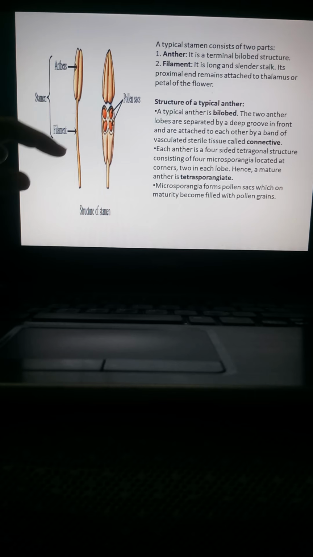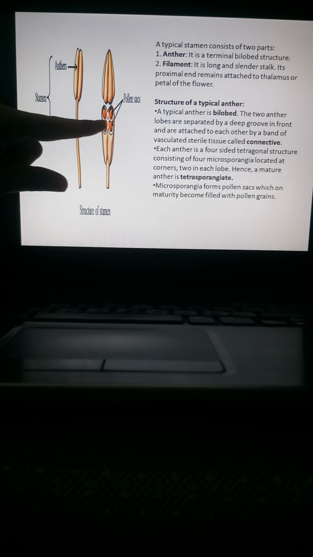So each anther lobe is bisporangiate, and a typical anther has 4 sporangia, 2 in each of its lobes, and it is called tetrasporangiate. Connecting these two anther lobes is a sterile mass of connective tissue present in the center, which is called connective. So it is inside each of these microsporangia that pollen grains are formed.